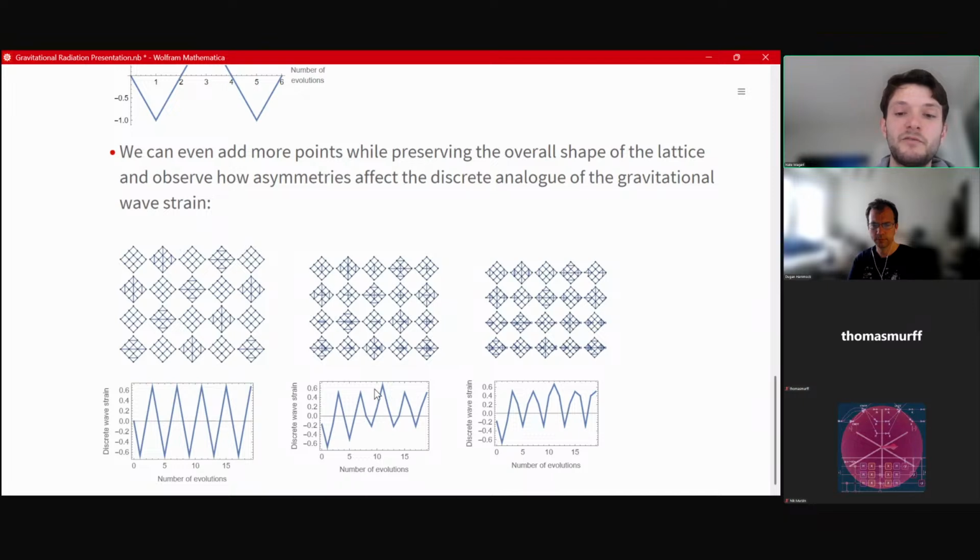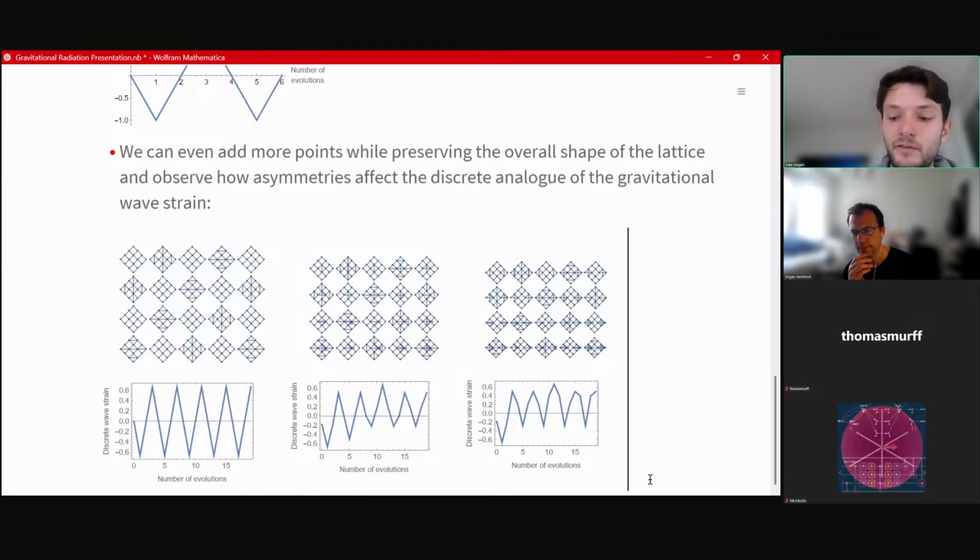So some of the waves, in this simplest case, it's the same, where the wave strain just goes up and down with a period of 4 evolutions. But with these different initial conditions, it still has that overall pattern, but there's a little bit more complexity involved, because there's a little bit more asymmetry in the initial condition.